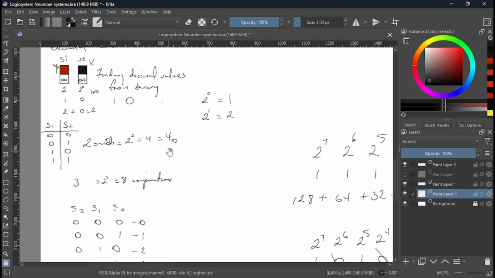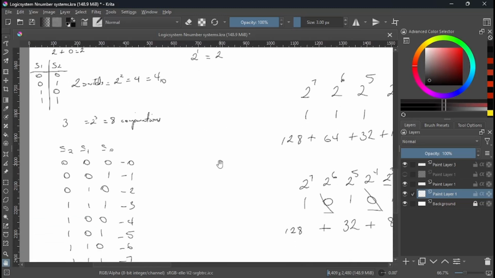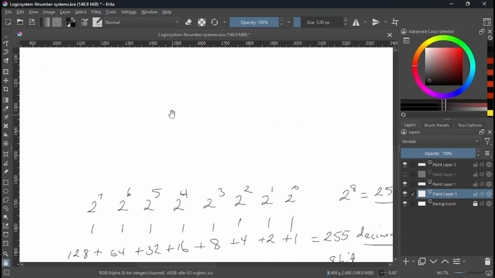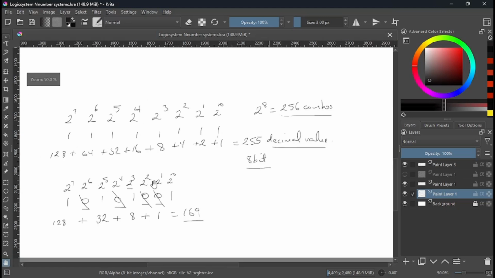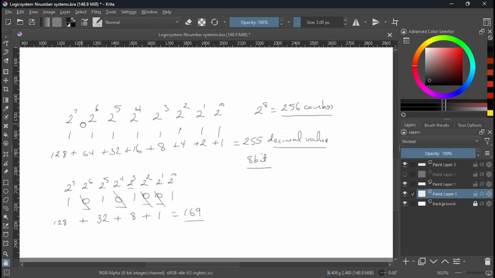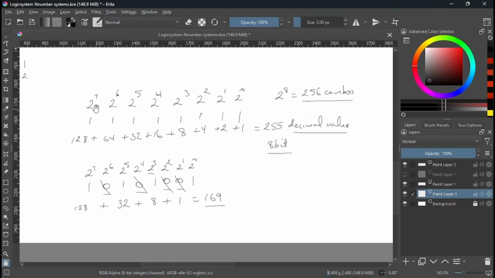So 2 switches, 4 combinations, just 2 to the 2, and you go on like that. We did an 8-bit setup with 8 switches, each switch being 1 bit, and we basically had calculated the binary, which we learned just now. Okay, on is 1, off is 0, and we did the maths.